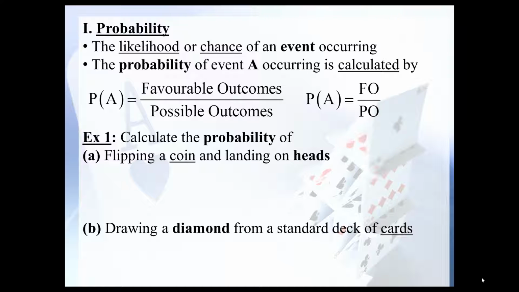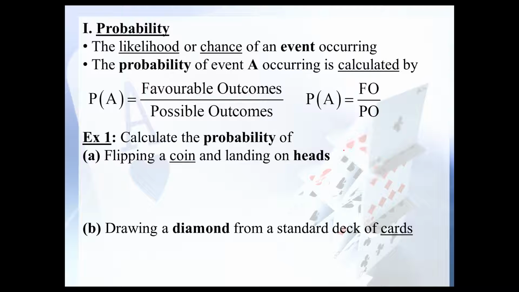Okay, let's do some simple calculations just to utilize a probability equation. So example 1, part A, says what's the probability of flipping a coin and landing on heads? Now, I should clarify here that possible outcomes means all the different outcomes that are possible in whatever experiment you're performing.